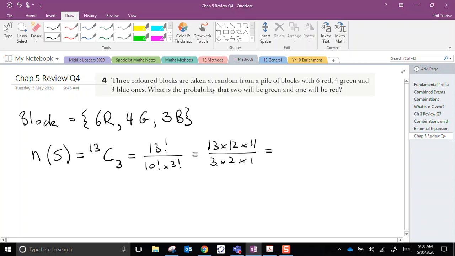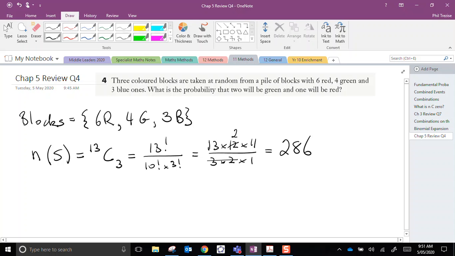And now what does that come to? Well, 2 times 3 is 6, goes into this twice. 2 times 13 is 26. 26 by 11 would be 286. That's how many things there would be in the sample space.